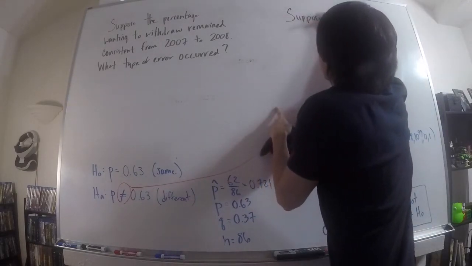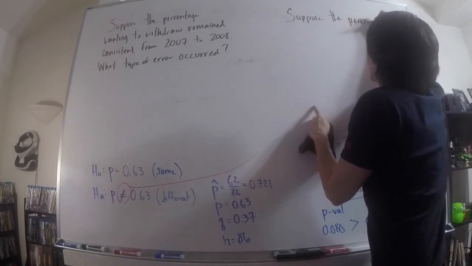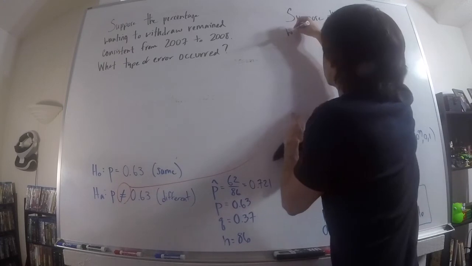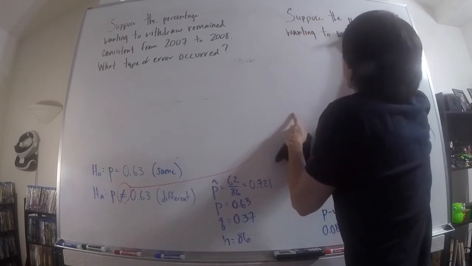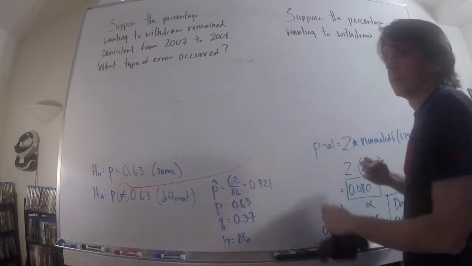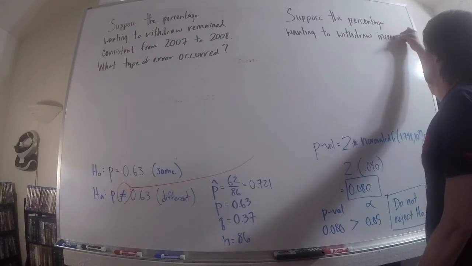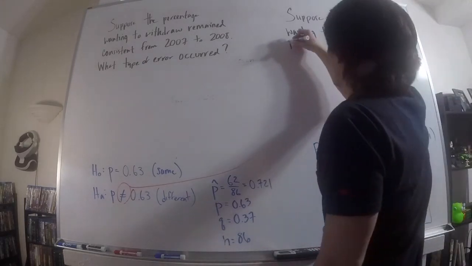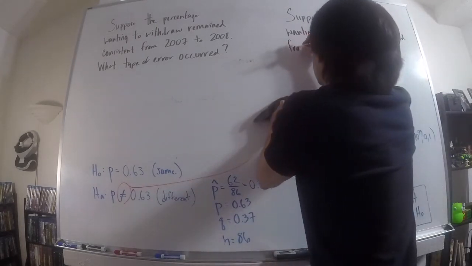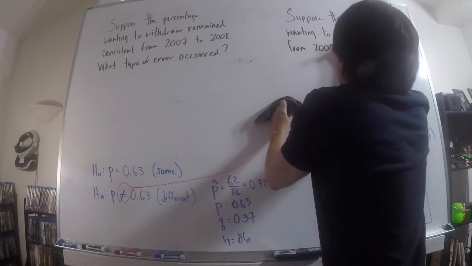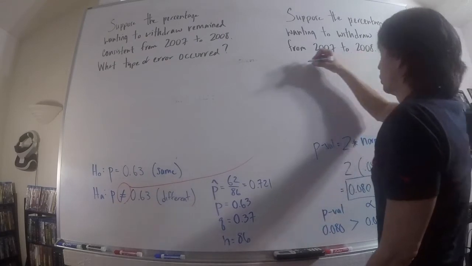Suppose the percentage wanting to withdraw increased in 2008, or from 2007 to 2008. What type of error occurred?